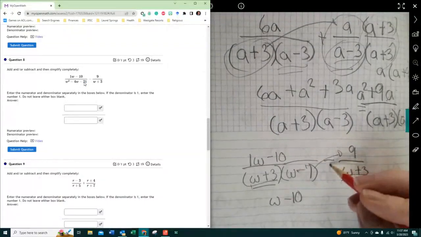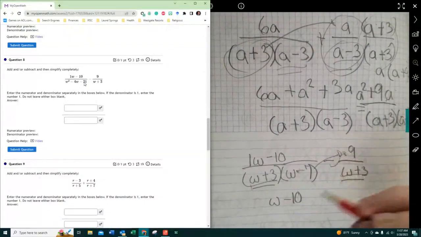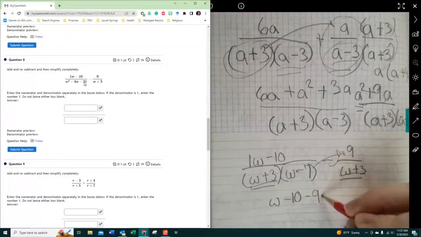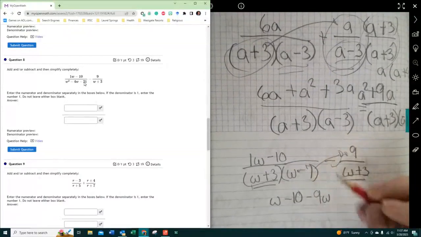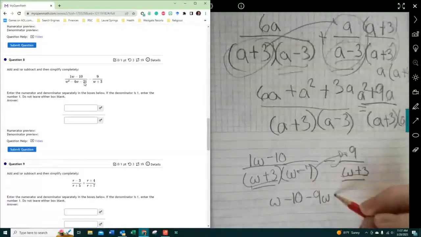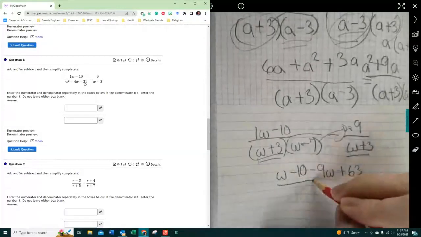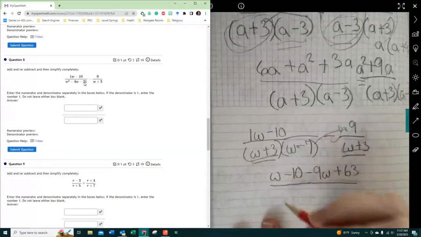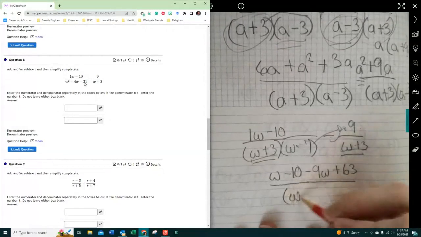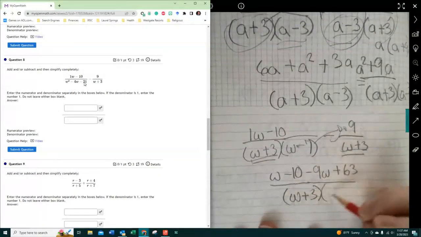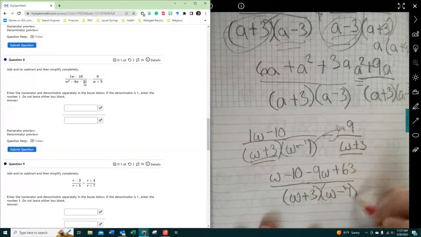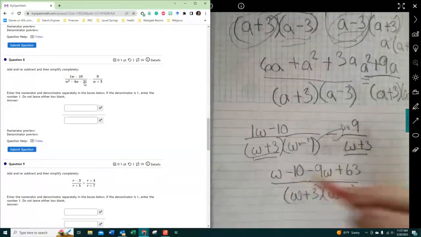And by the way, this is a negative 9. You see that negative sign? That goes to the 9. So it's going to be negative 9 w's. And then negative 9 times negative 7 is positive 63, all over w plus 3, w minus 7. Now I bring these together.